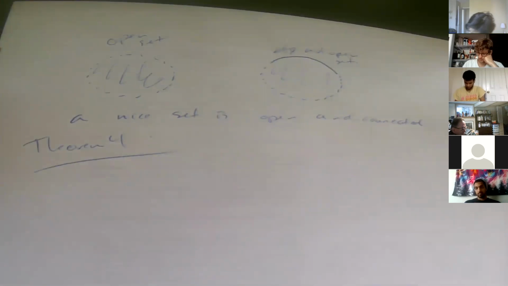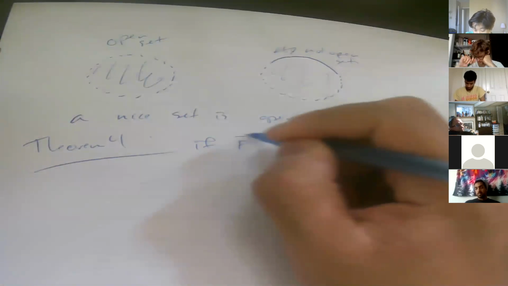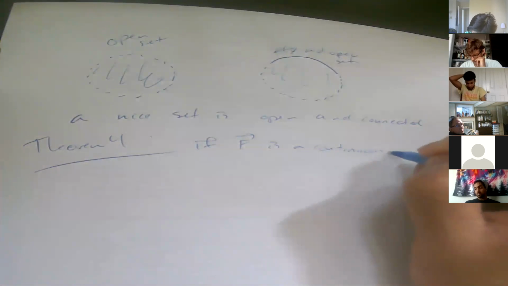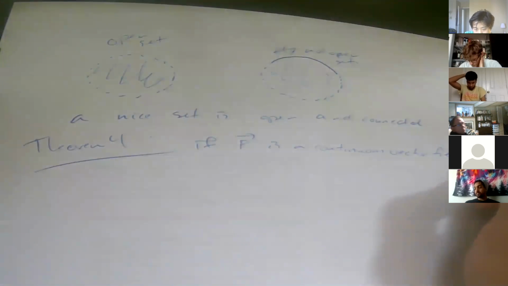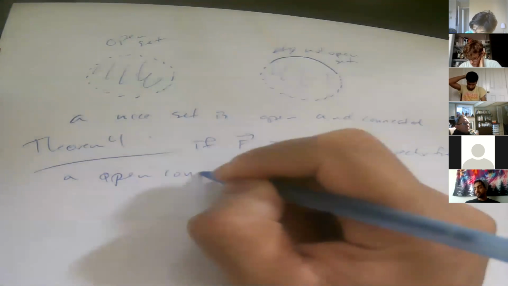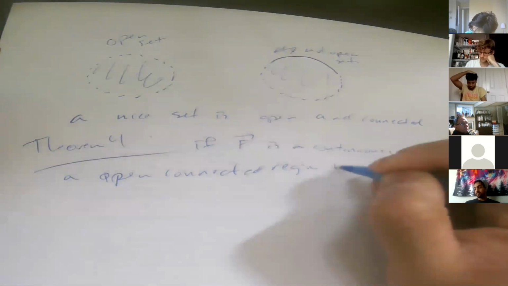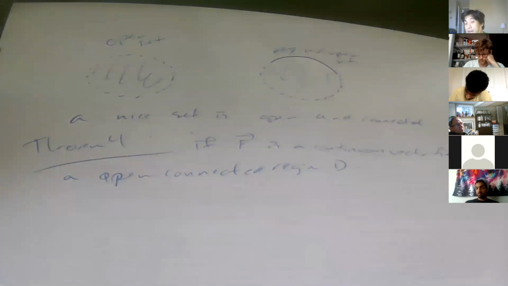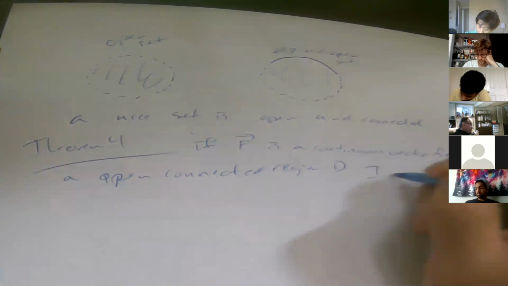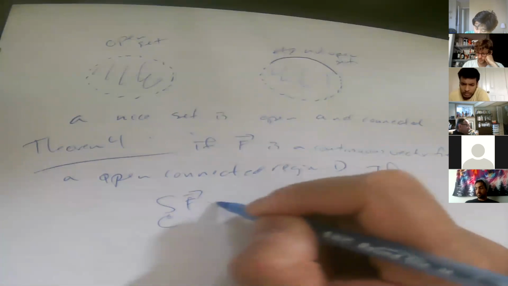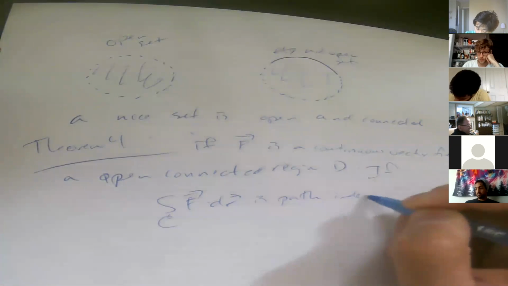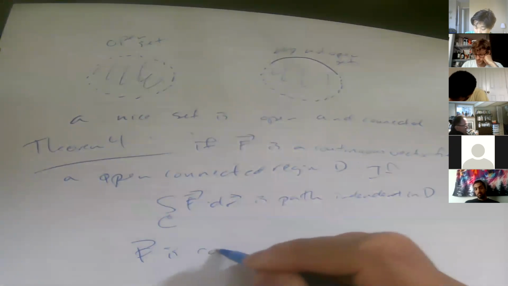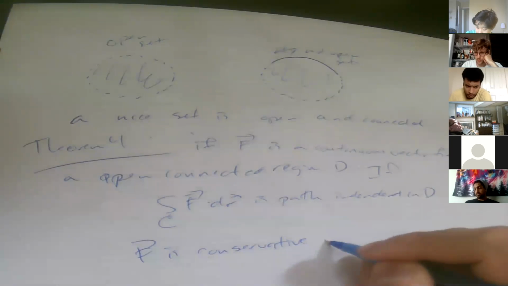It says, if F is a continuous vector field on an open connected region D, and if the integral over C of F dot dr is path independent in D, then F is conservative in D.